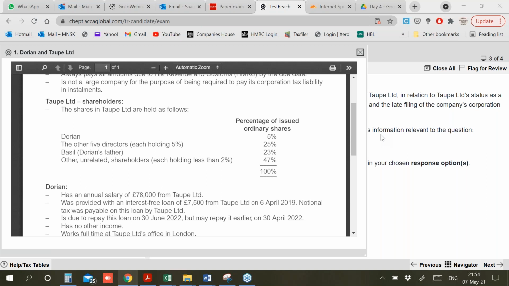Then do remember that when HMRC looks at a company as a closed company, HMRC does not consider only the person itself, but also the close associates are considered to be shareholders as well. So close associate means direct relatives. Do you think that his father will qualify as a direct relative?